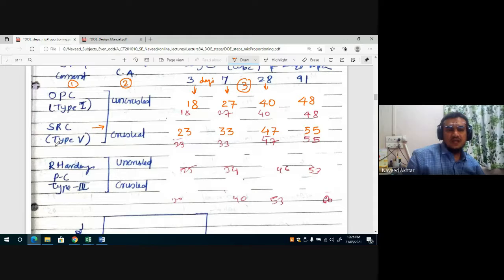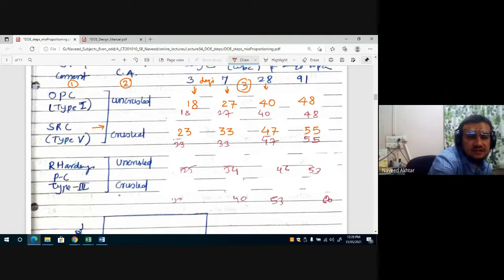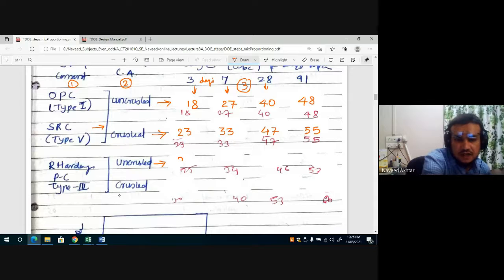Here also, for rapid hardening cement, for uncrushed aggregate it is 25 for 3 days, 34 for 7 days, 46 for 28 days, and 52 or 53 for 91 days.